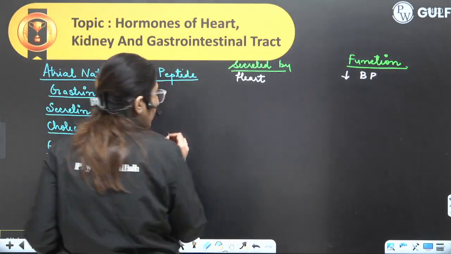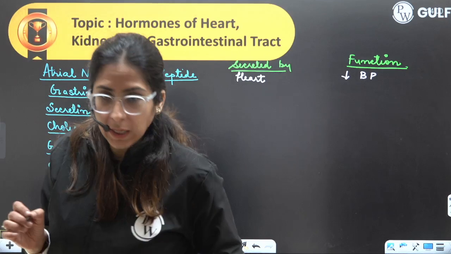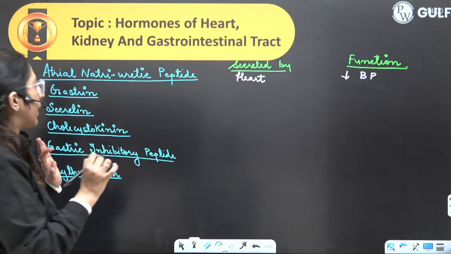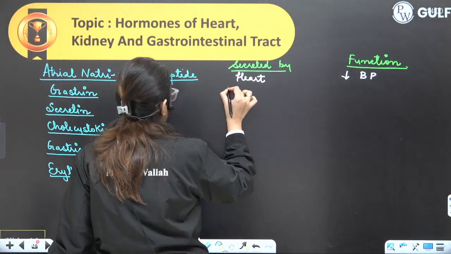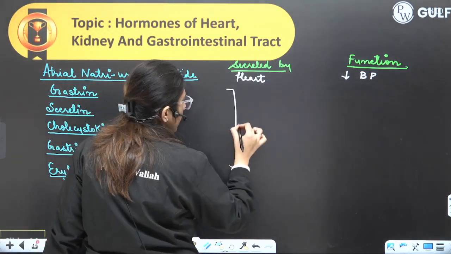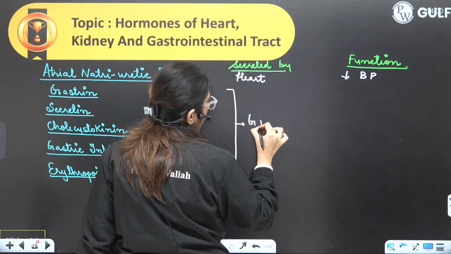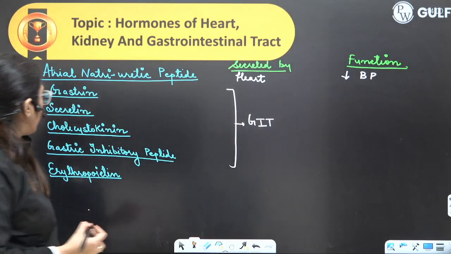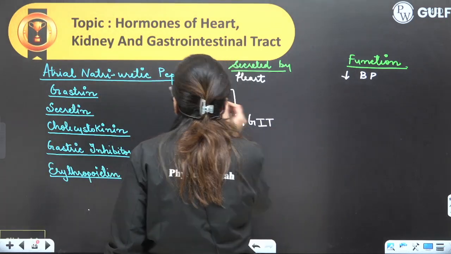Next is gastrin, secretin, cholecystokinin and gastric inhibitory peptide. All these hormones are synthesized by the GIT, gastrointestinal tract. First, let's talk about gastrin.